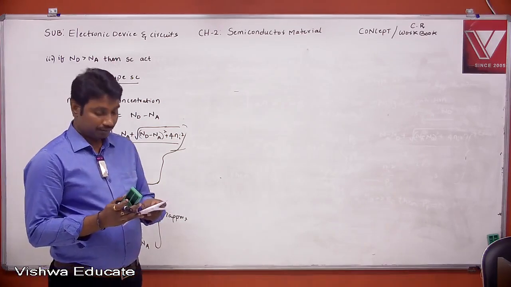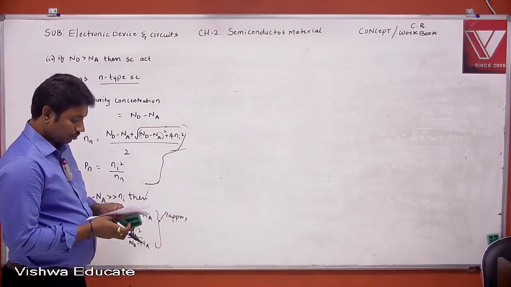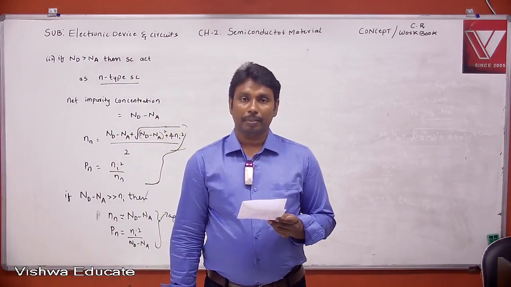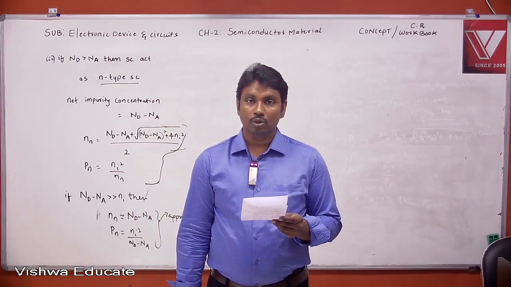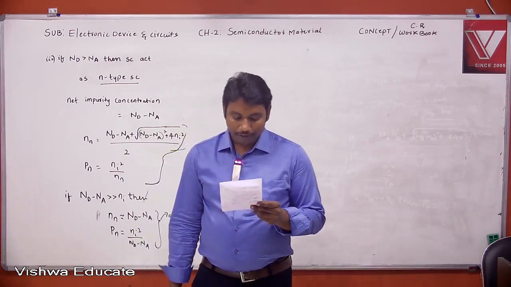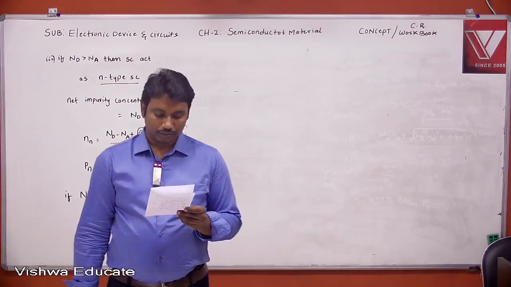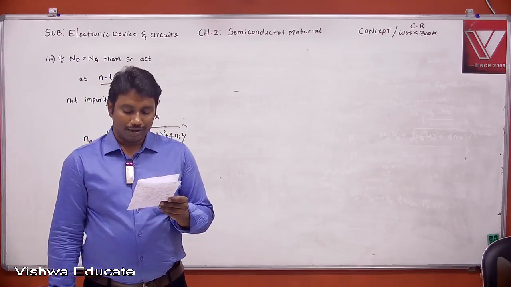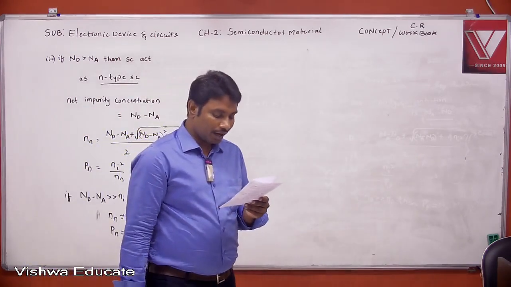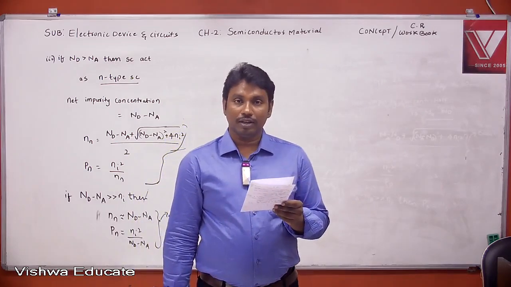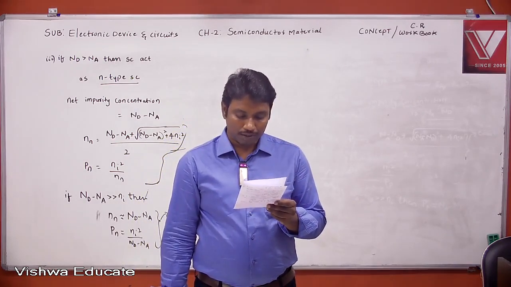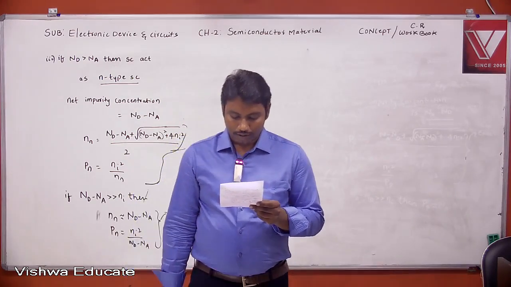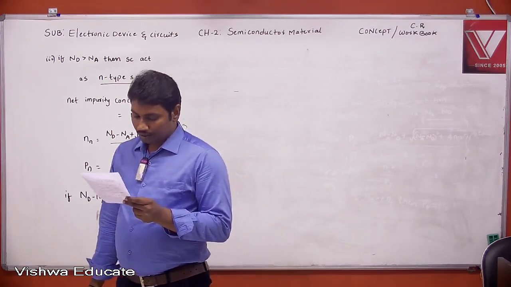Question number 6. Write the question. A germanium sample is doped with 10 power 14 phosphorus atoms and 7 into 10 power 13 boron atoms, right.